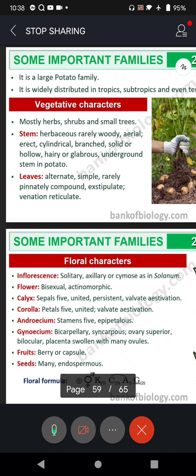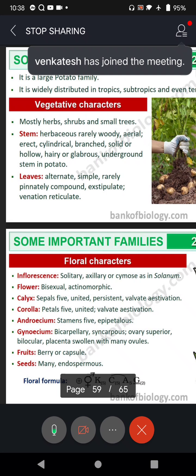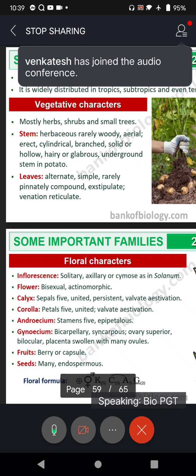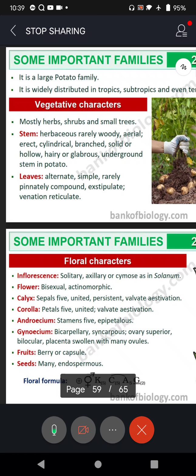Whereas sometimes you must have seen on a leaf, today you observe after the class, there will be a network of veins, then we say palmate venation. So depending upon the description, what you see, you need to write. The stem you have to write, leaf you have to write, root you have to write.